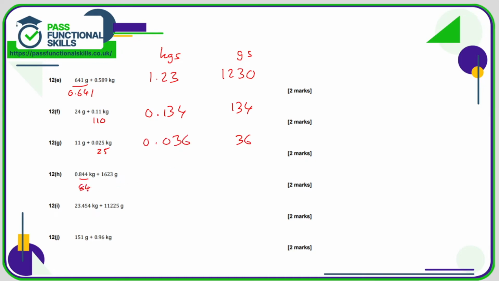This is 844 grams, so if I add that to the 1623, I will get 2,467 grams or 2.467 kilos. This is 11.225 kilos, so if I add these two amounts together, that will give me 34.679 kilos or 34,679 grams, and this is 960 grams, so if I add 151, then that will give me 1111 grams or 1.111 kilos.